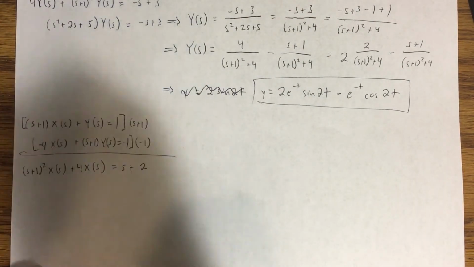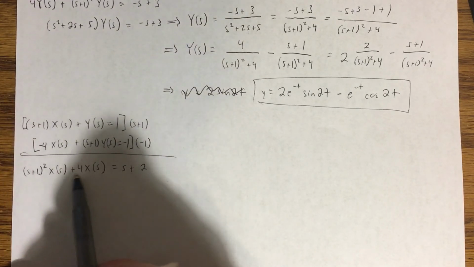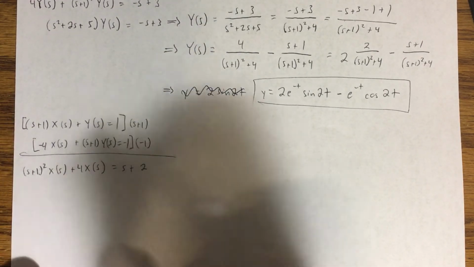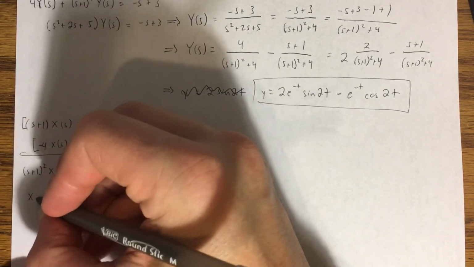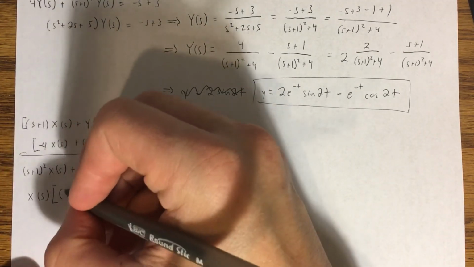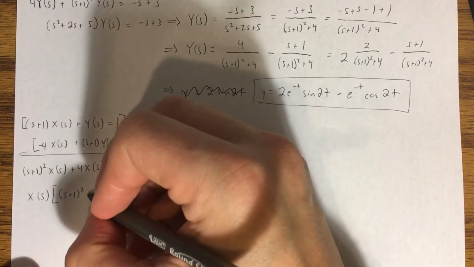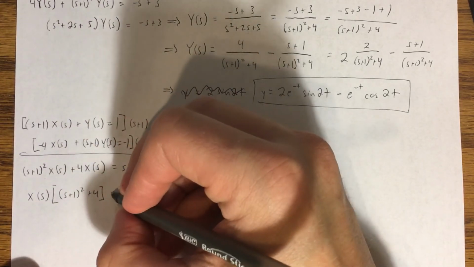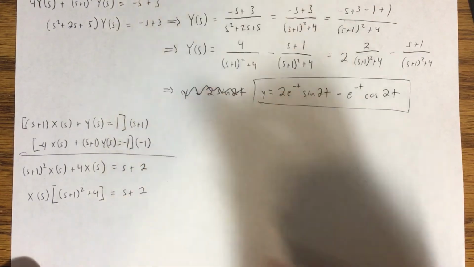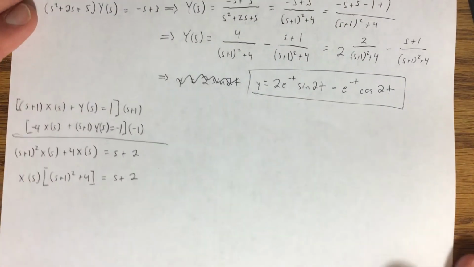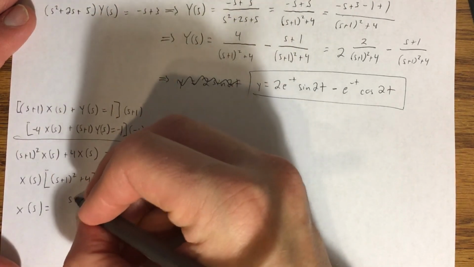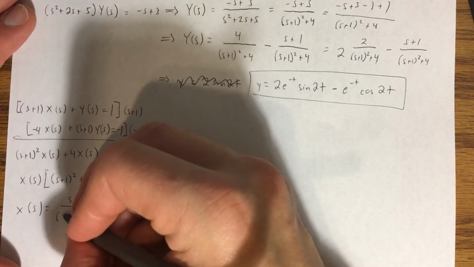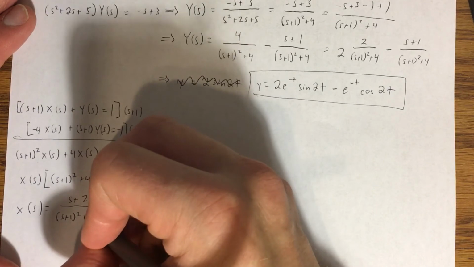Okay? If I factor the X of s out, notice I could do what I did before, or I could even just write it this way. X of s times (s plus 1) squared plus 4, since we already know we want it in that form anyways, equals s plus 2. Isolate my X of s, so I'm going to get X of s equals (s plus 2) over (s plus 1) squared plus 4.